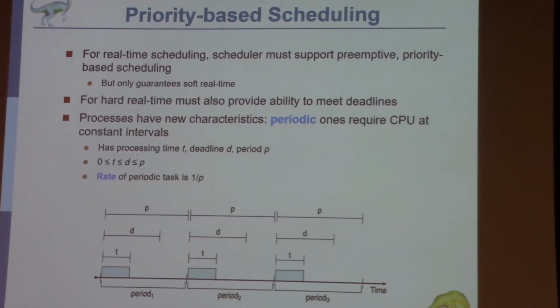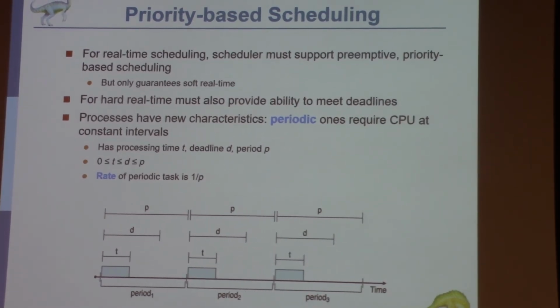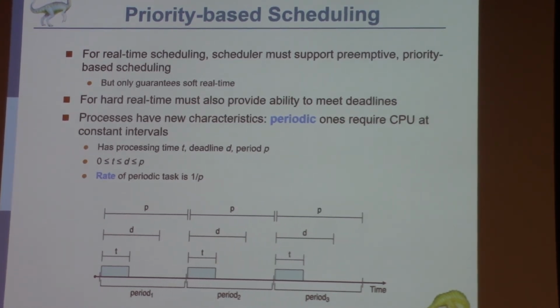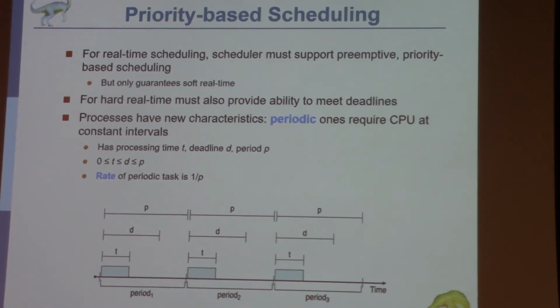Then we will consider CPU time as periodic. You can use the CPU cycle, or you can use a fixed amount of time as a period, like 5 milliseconds. Within 5 milliseconds, the deadline should be less than such a period.